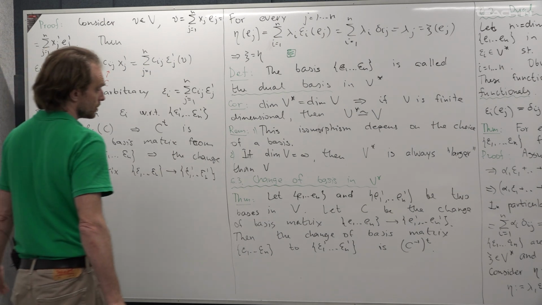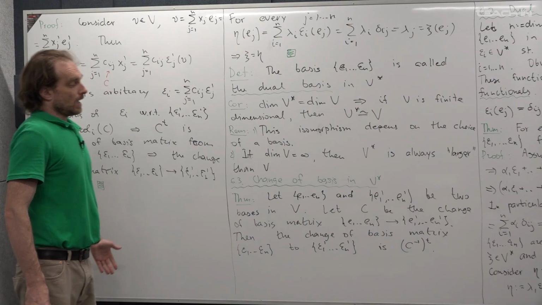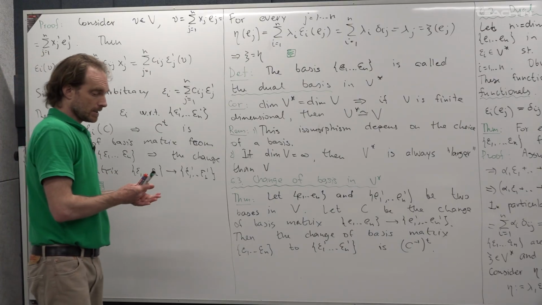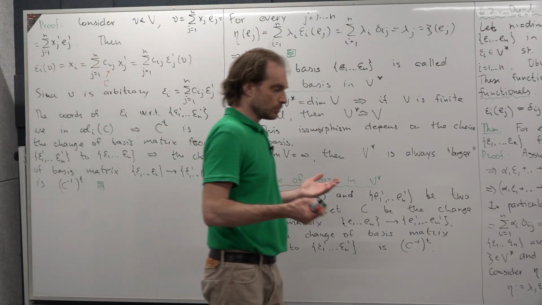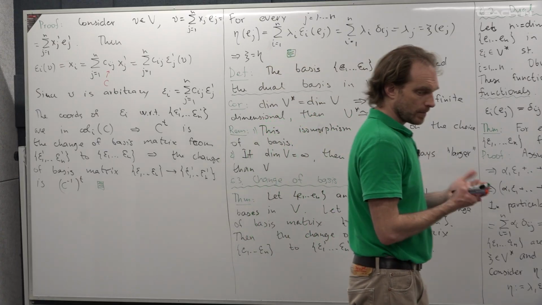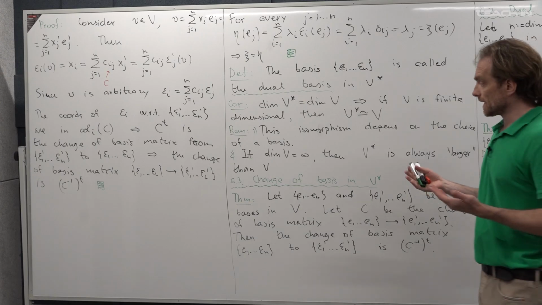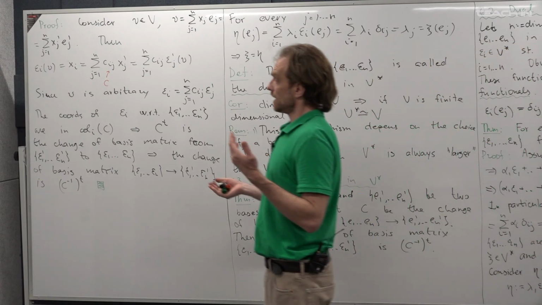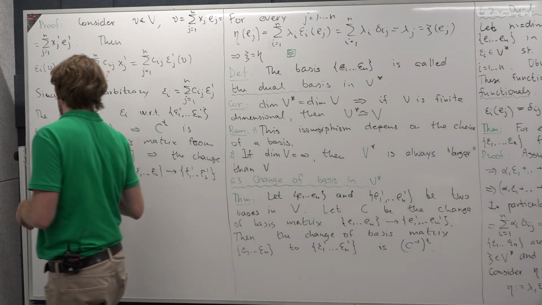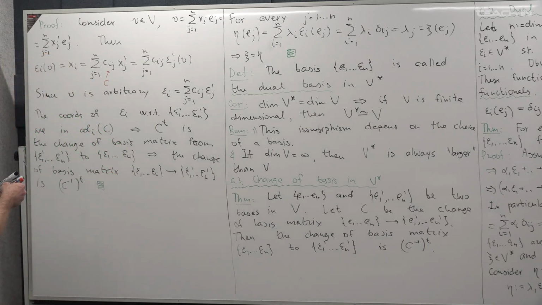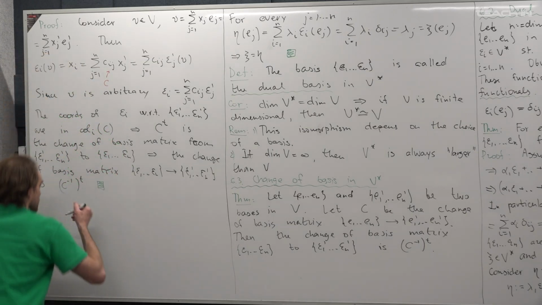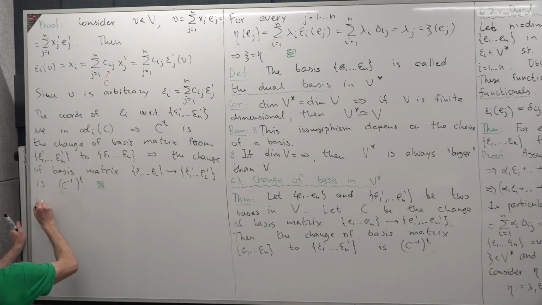So if we know the relation between the two bases in the space V, then we automatically get the relation between the corresponding dual bases in the dual space. And the next thing that we are going to discuss is the double dual space.